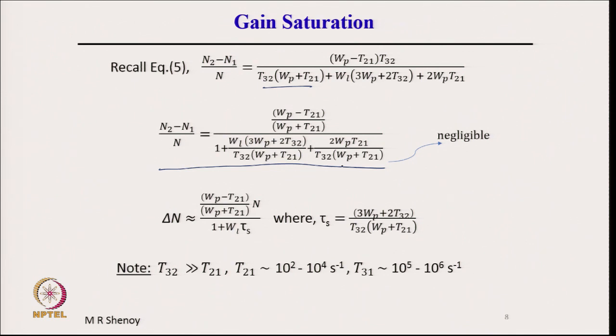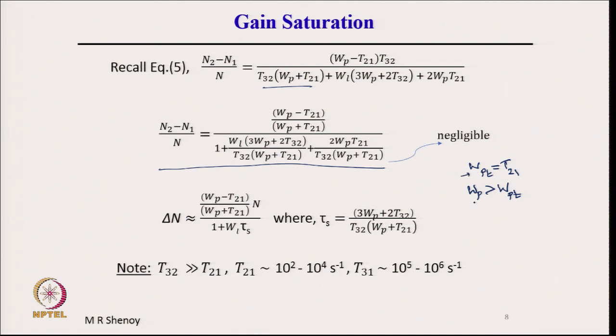If we look at the last term, 1 by T32 is in the denominator, and T21 is much smaller than T32. Wp is almost of the same order as T21, because the threshold value is WpT equal to T21. In practical systems, Wp will be slightly greater than WpT if you want amplification.